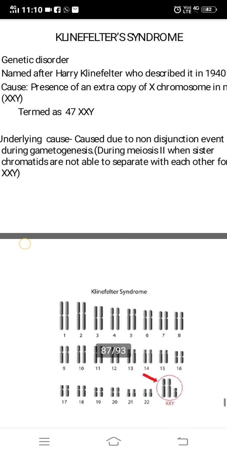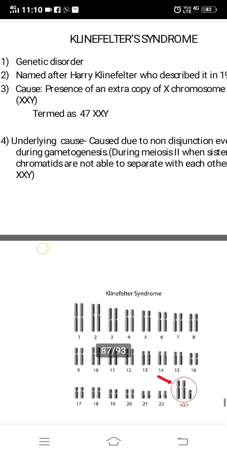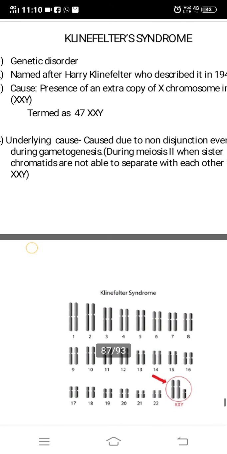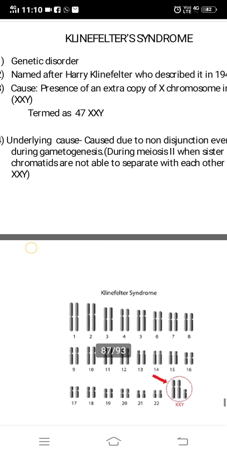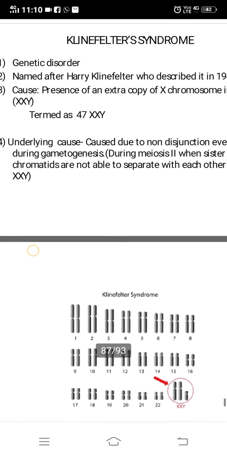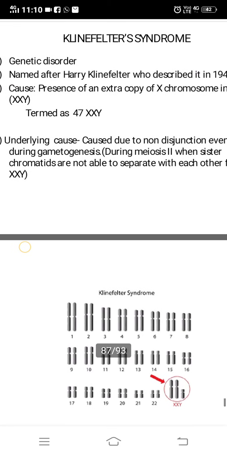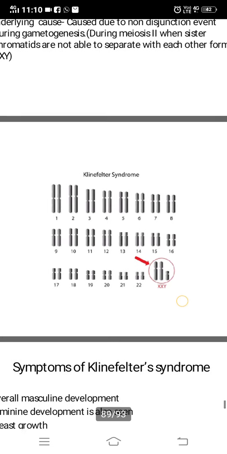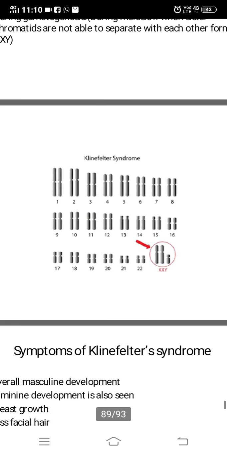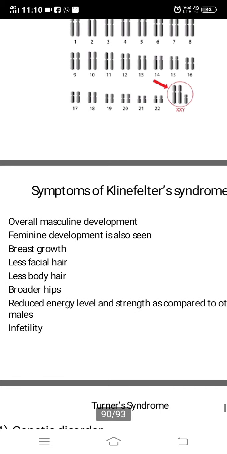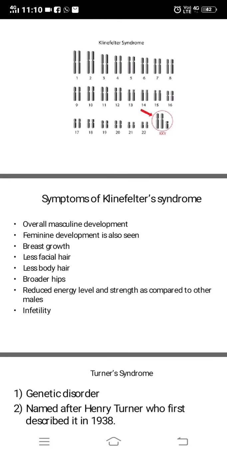The underlying cause is a non-disjunction event during gametogenesis, during meiosis 2, when the sister chromatids have to separate, that doesn't happen, and because of that this extra chromosome is present. So you can see here XXY, an extra chromosome is present. What are the symptoms? Overall masculine development, but feminine development is also seen.